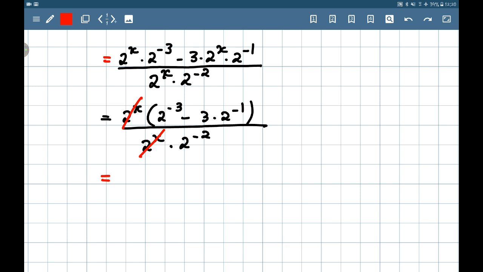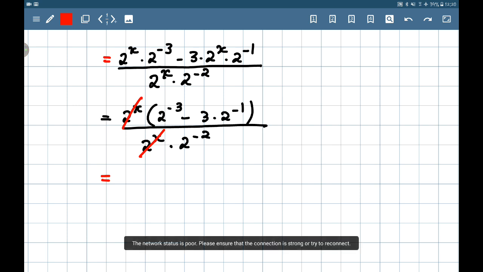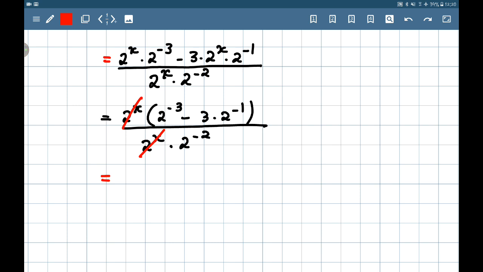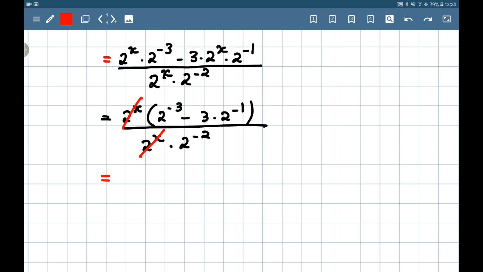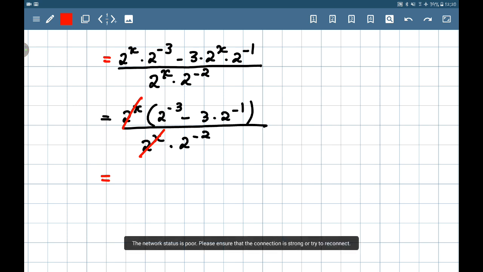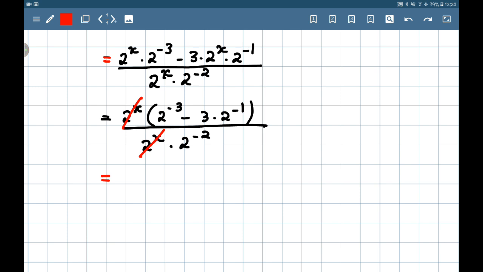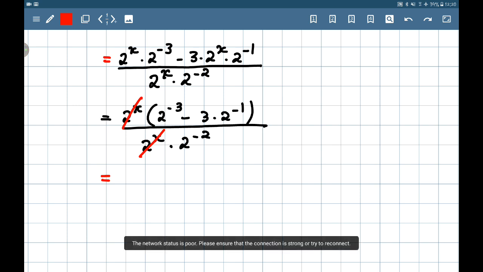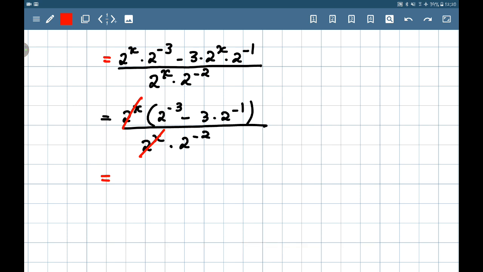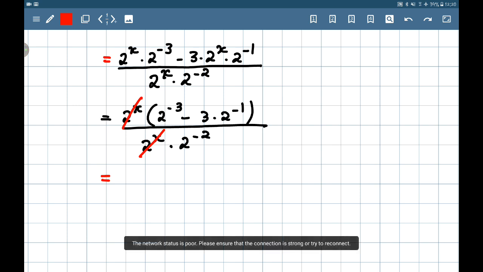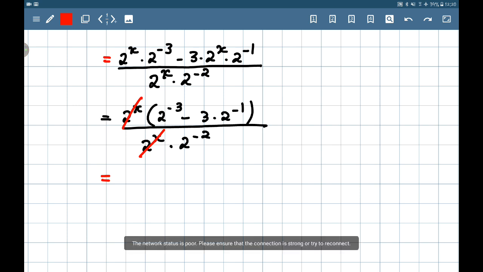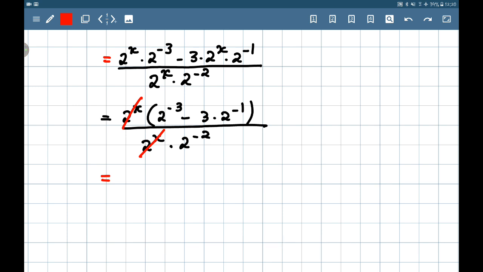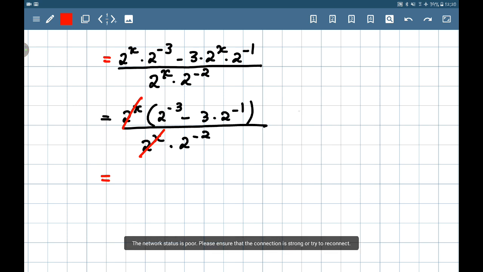I'm still getting negative 11 over 2. Let me check, maybe my calculator is the one giving me wrong things. Yeah, I'm also still getting negative 11 over 2. So is your calculator setting correct? I'm still getting negative 3 over 4. Put it exactly like this.